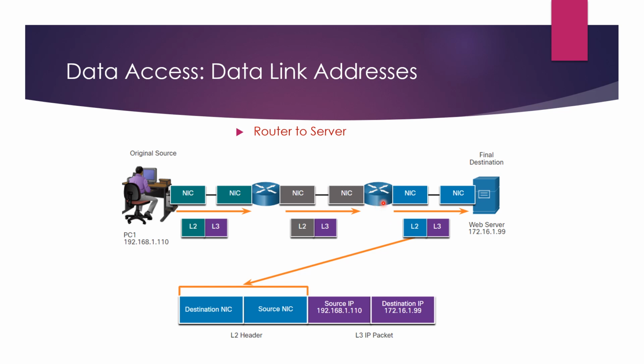The source MAC address will be the MAC address of the final router, and the destination MAC address will be the MAC address of the final destination in this case.